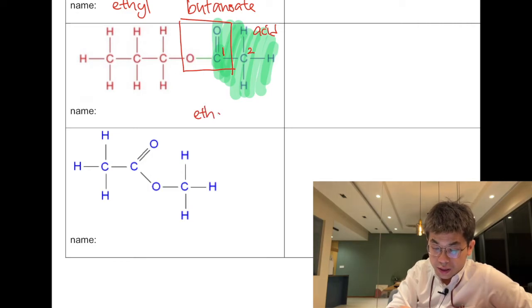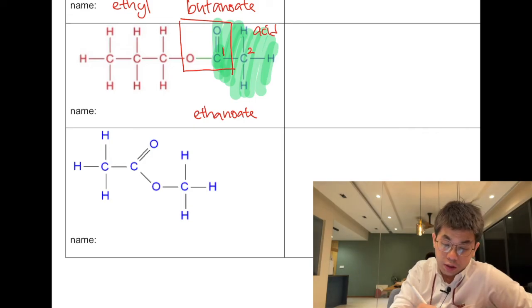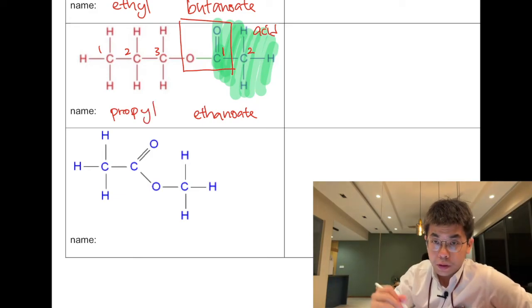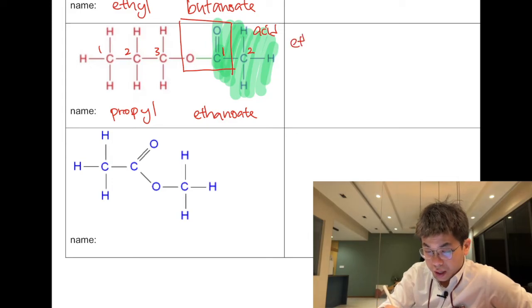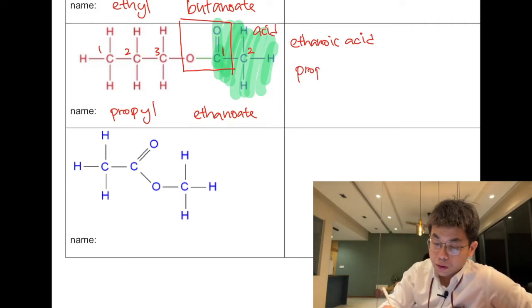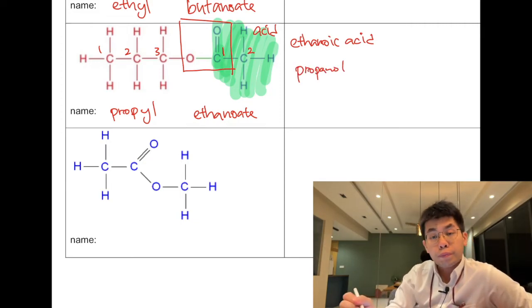And it's from the acid side, so it's ethanoate. On the alcohol side, which is this one, 1, 2, 3, so this is prop, propyl ethanoate. So propyl ethanoate is from ethanoic acid, that's why you got the ethanoate, and you form it from propanol, that's how you got the propyl.